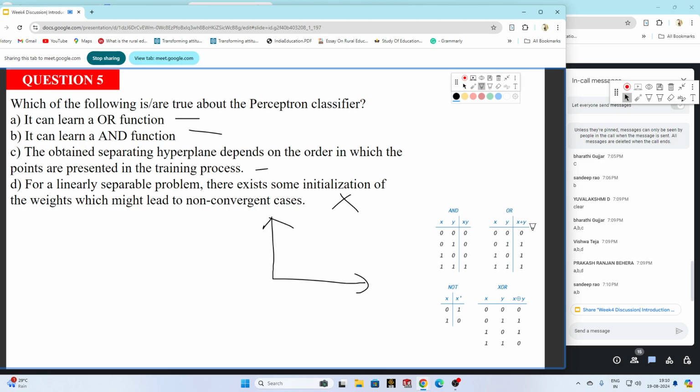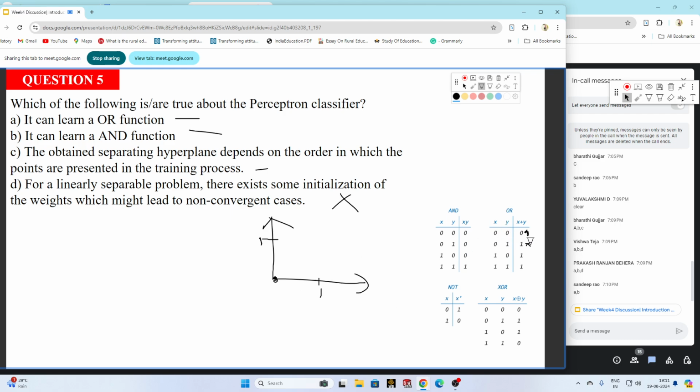Let's mark 0 with a dot and 1 with a cross. So 0 0 gives 0.